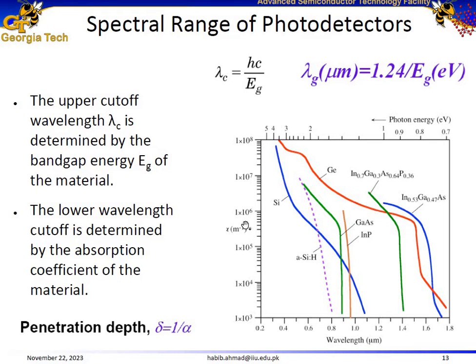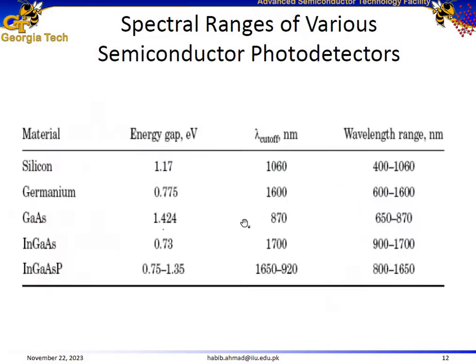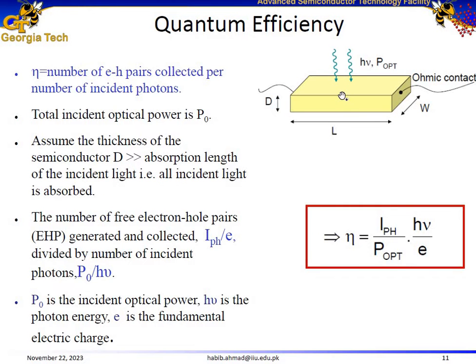In order to understand it more, let us go back to slide number 11. We assume that this block is our semiconductor photodetector, and a particular light intensity is incident on it.